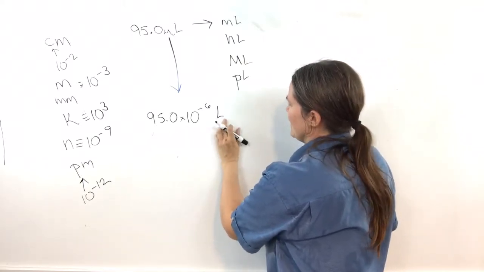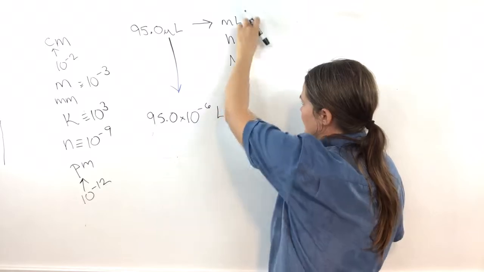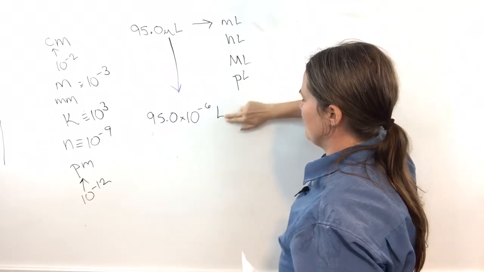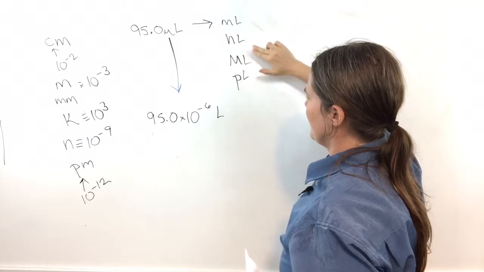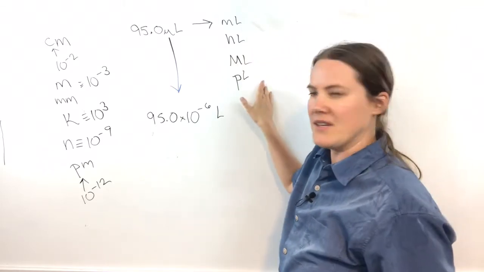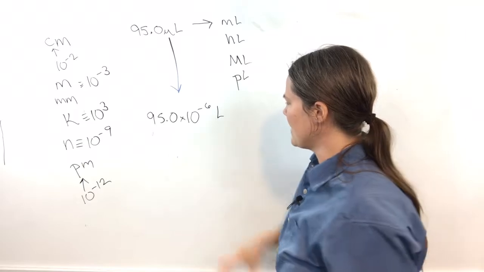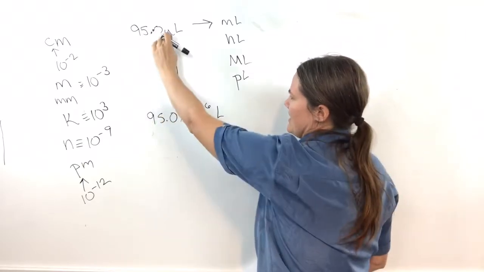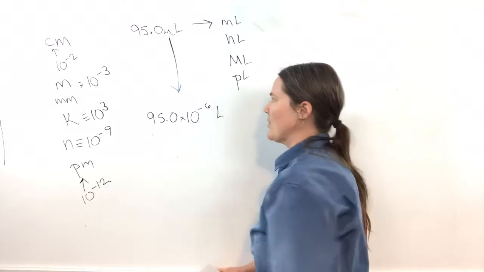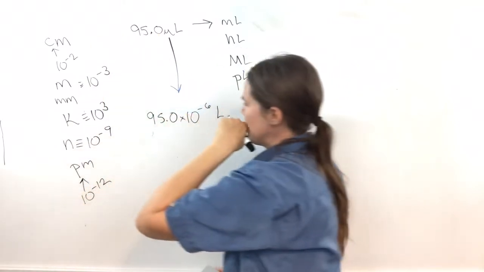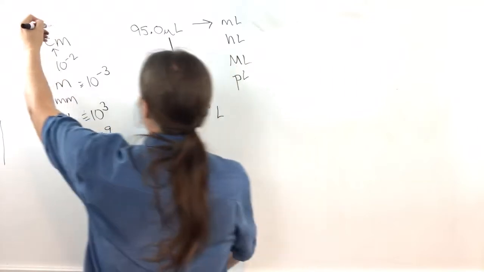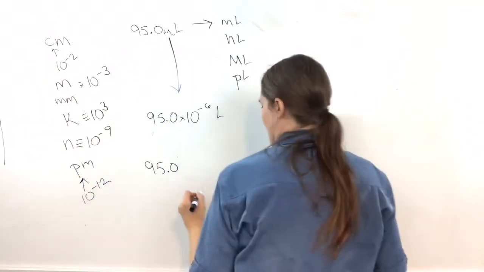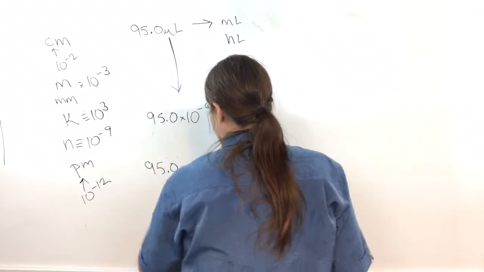Now I can convert it into these other units: milliliters, nanoliters, megaliters, and picoliters. So 95.0 times 10 to the minus 6 liters. And you can do this with any prefix. Just to back up a little bit, let's say that this had been 95.0 milliliters.